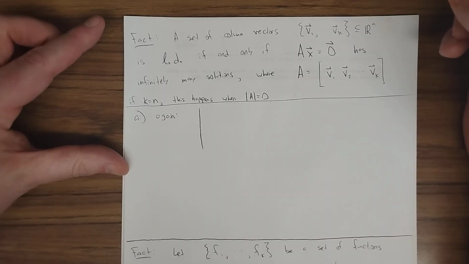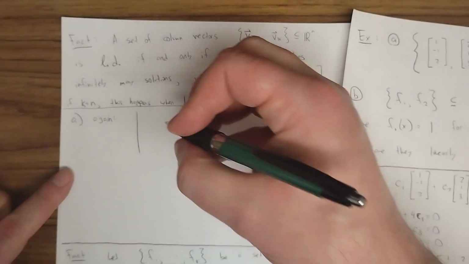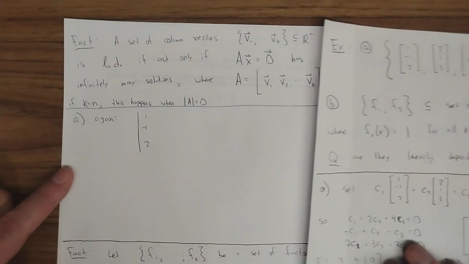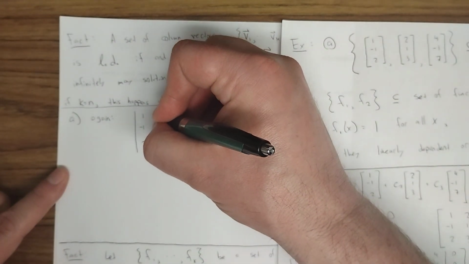So we could do part A a different way, knowing this shortcut. I just make my matrix A. I'm just writing these columns down.